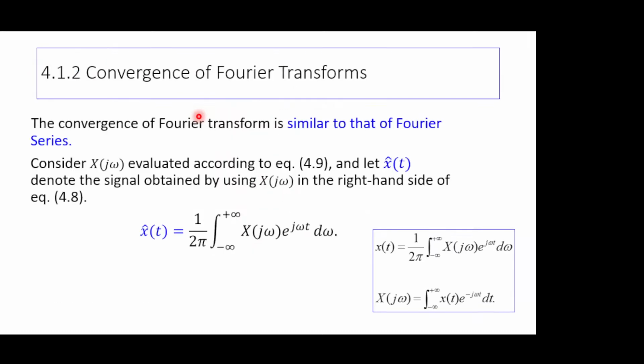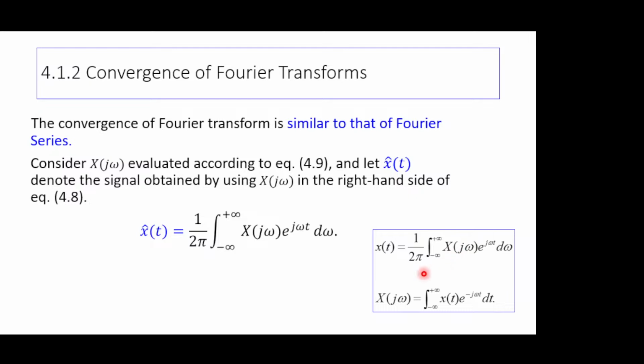And now we go on to talk about the convergence of the Fourier transform. This part we'll go through pretty quickly, because it's very similar to what we have done for Fourier series. The issues are very similar, although there are some extra issues. So we have this Fourier transform pair, right?